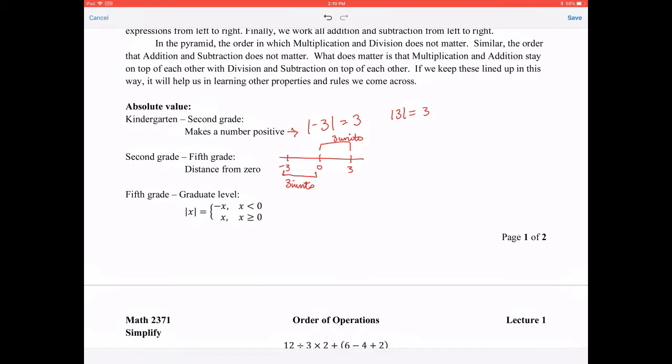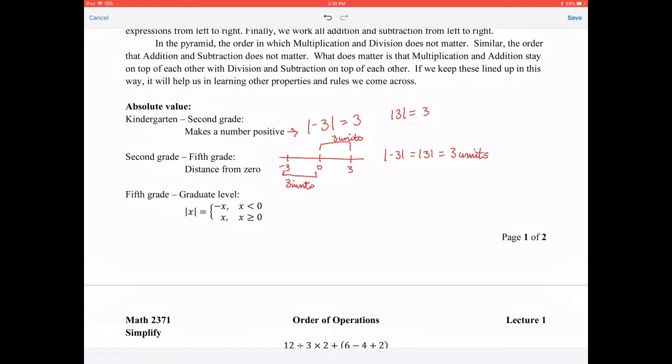Okay, so that's what we're talking about here, is that absolute value of -3 equals absolute value of 3 because they're both 3 units. They're both the same because they're the same distance, so they're the same because they're 3 units.